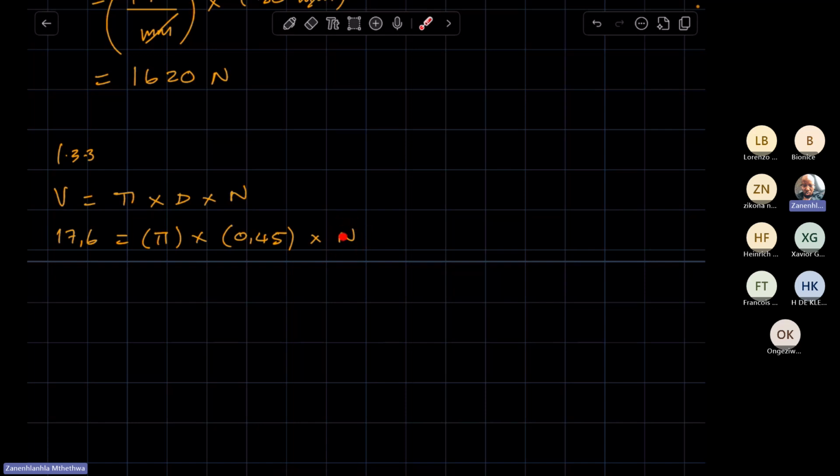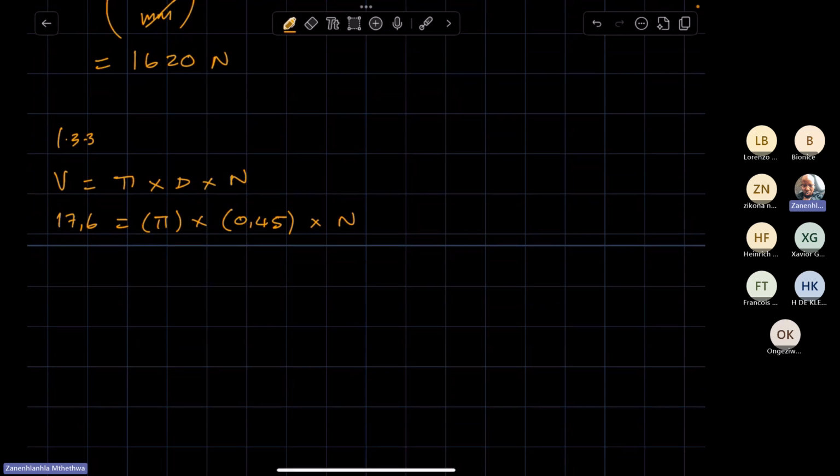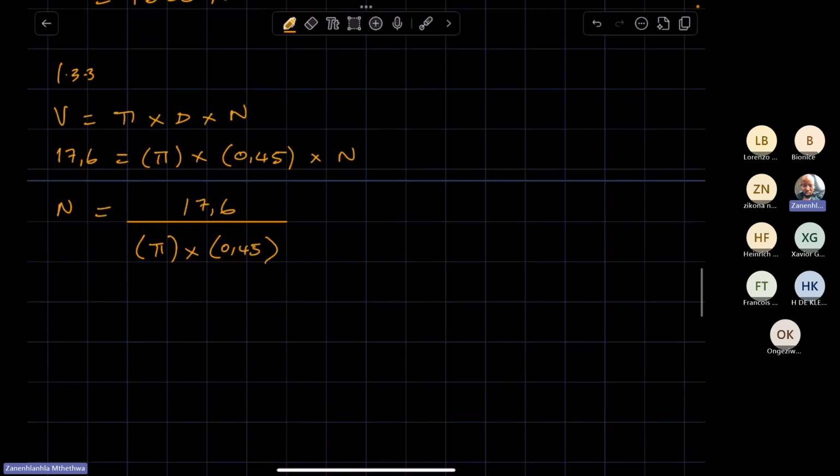To make N the subject of the formula, it means you need to get rid of this. The way you get rid of this is by dividing both sides. Hence, you'll be left with pi times 0.45 as the denominator, and the numerator is 17,6.